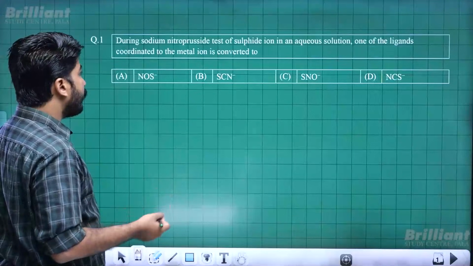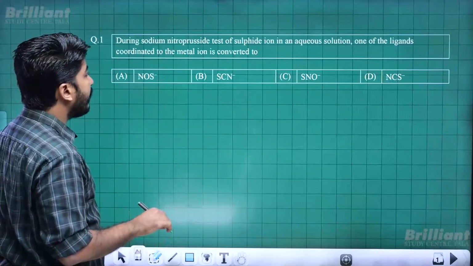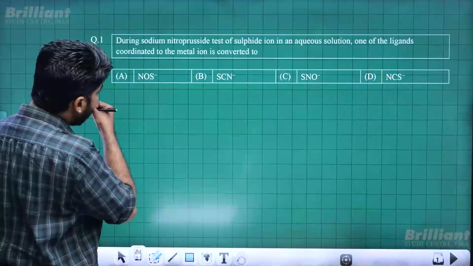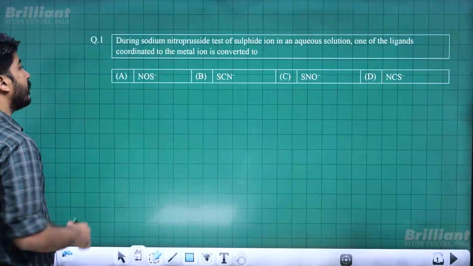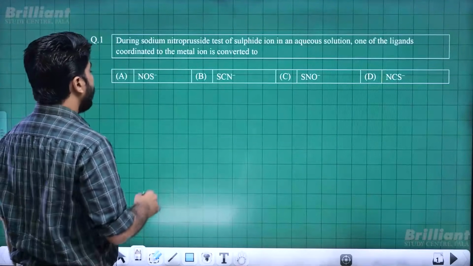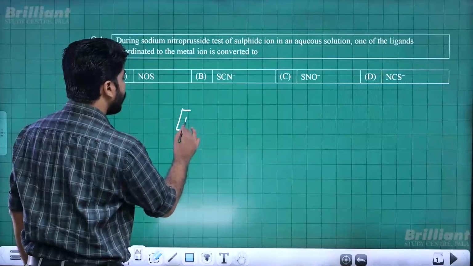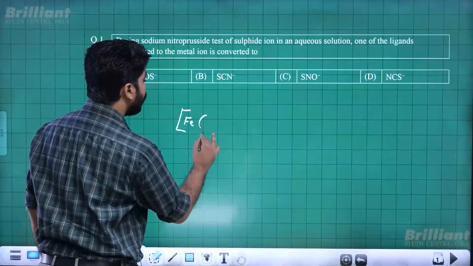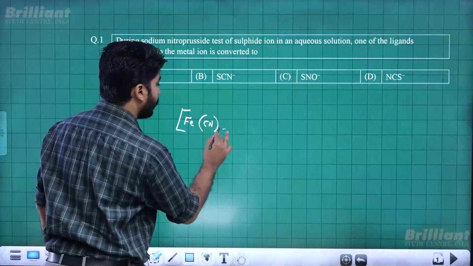So during sodium nitroprusside test of sulfide ion in an aqueous solution, one of the ligands coordinated to the metal ion is converted to... We know the conversion occurring is nitroprusside changes to thionitroprusside ion.